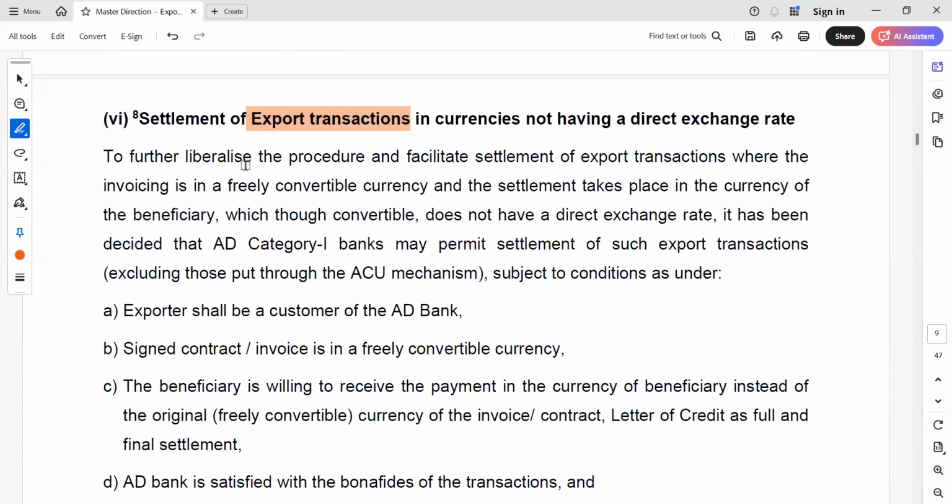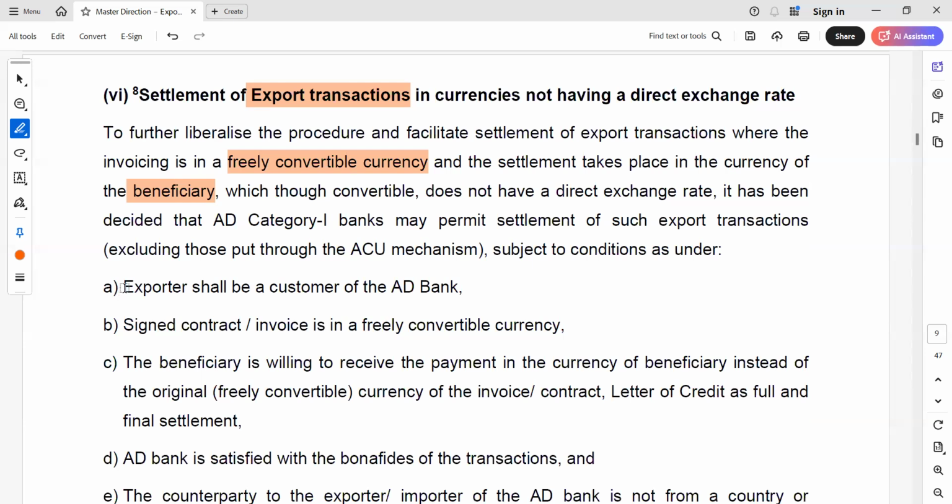To further liberalize the procedure and facilitate settlement of export where the invoicing is in freely convertible currency and the settlement takes place in the currency of the beneficiary, which though convertible does not have a direct exchange rate, it has been decided that AD Category 1 bank may permit settlement of such export transactions, excluding those put through the ACU mechanism.